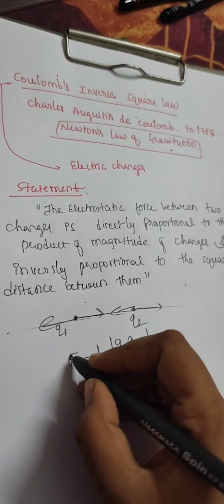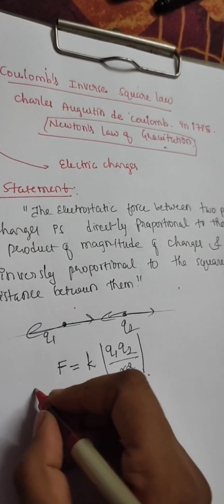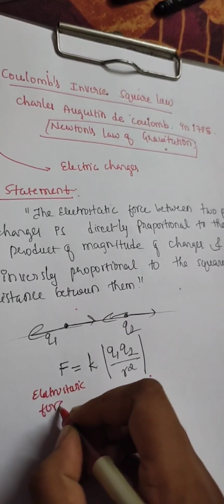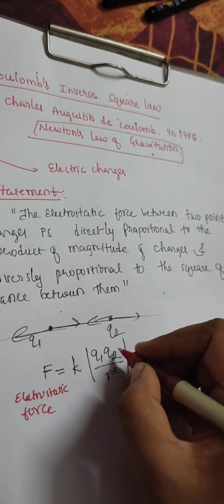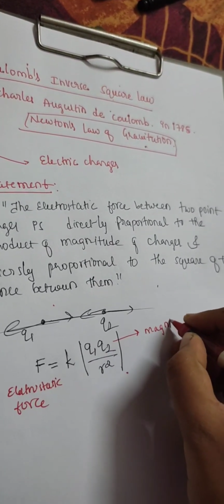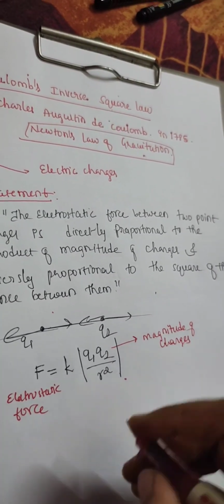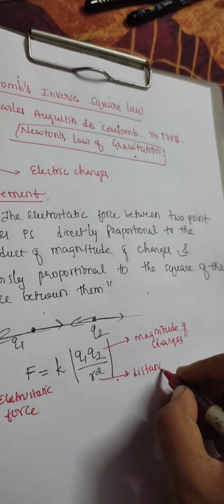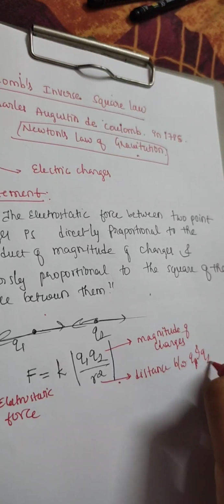Here F is the electrostatic force, q1 and q2 are the magnitudes of the charges, and r is the distance between the charges q1 and q2.